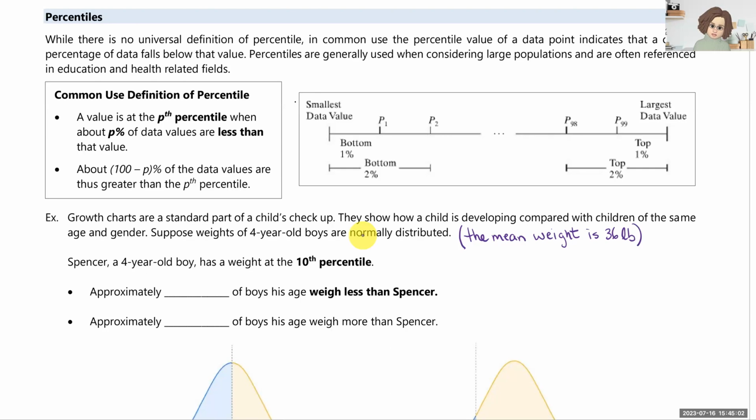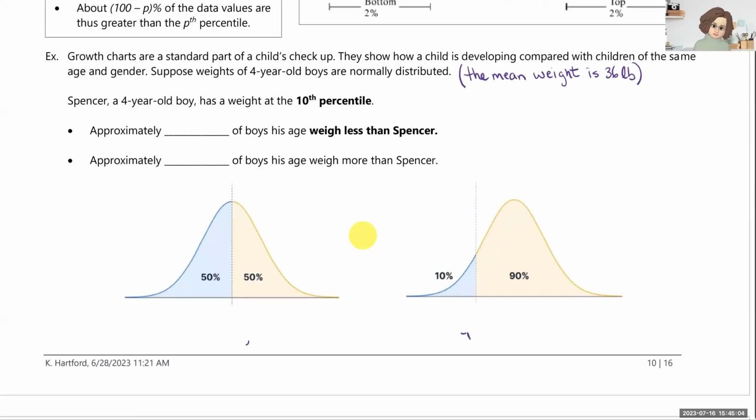Okay, so I'm going to come down to my graph here, just talk about this graph first. So in this example, my x-axis here is the weight of a 4-year-old boy in pounds. And previously, we did problems where we put the mean in the center. I'm just going to write the word mean up top because we're not going to refer to that here, but that would be the mean of 36 pounds.